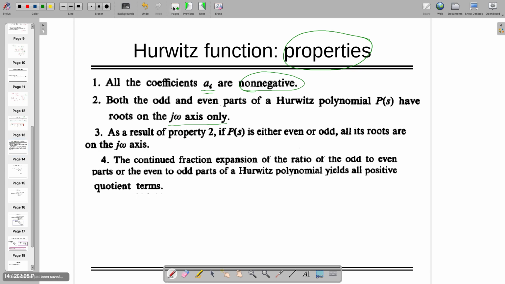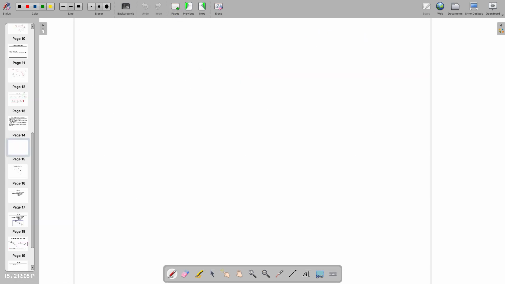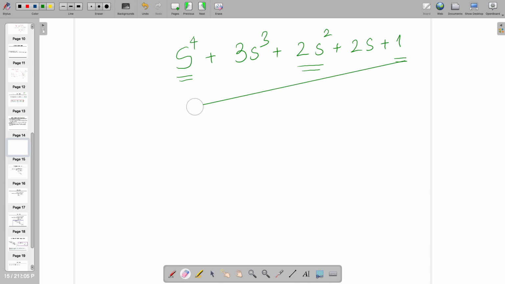Now, when I'm saying even part and odd part, let's assume that I'm writing this equation. Here all the even entries we are going to call even entries and name it m of s, and we are going to write this.